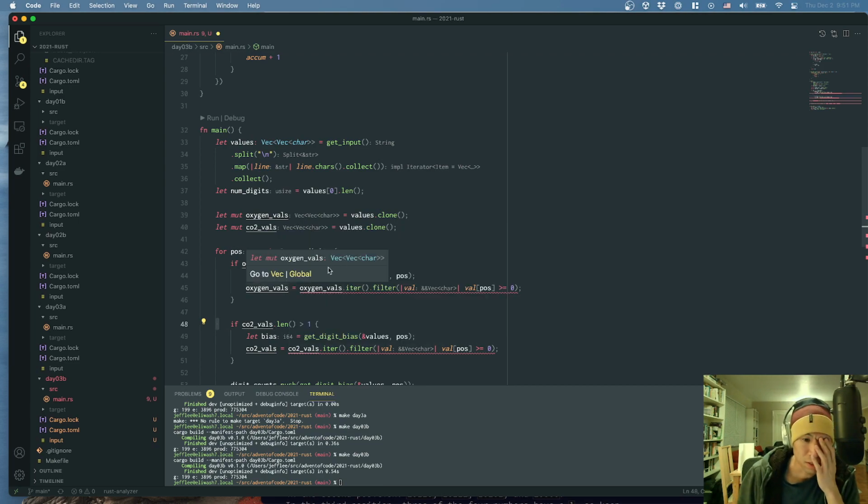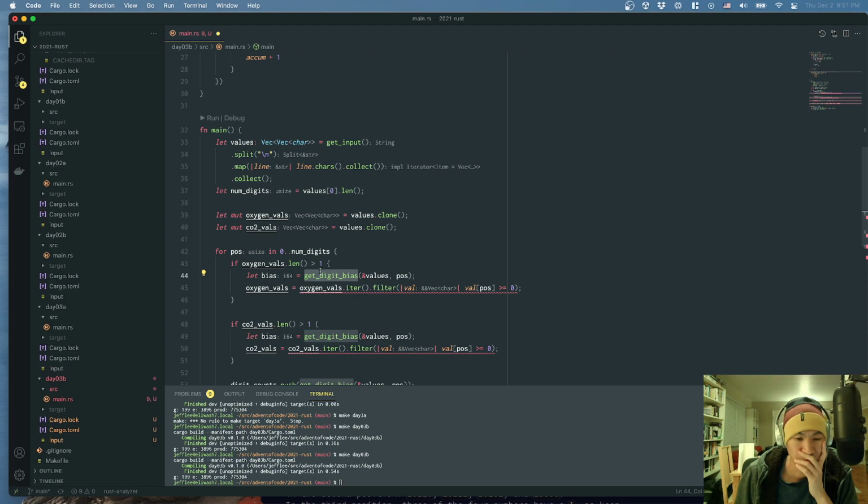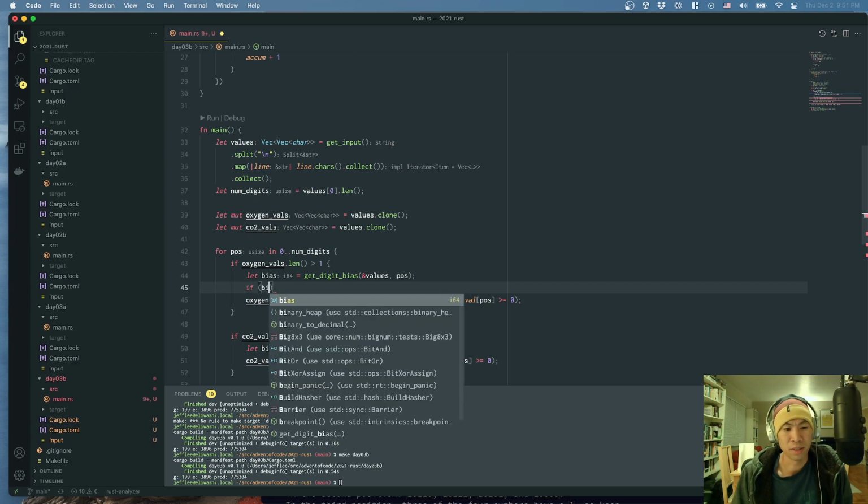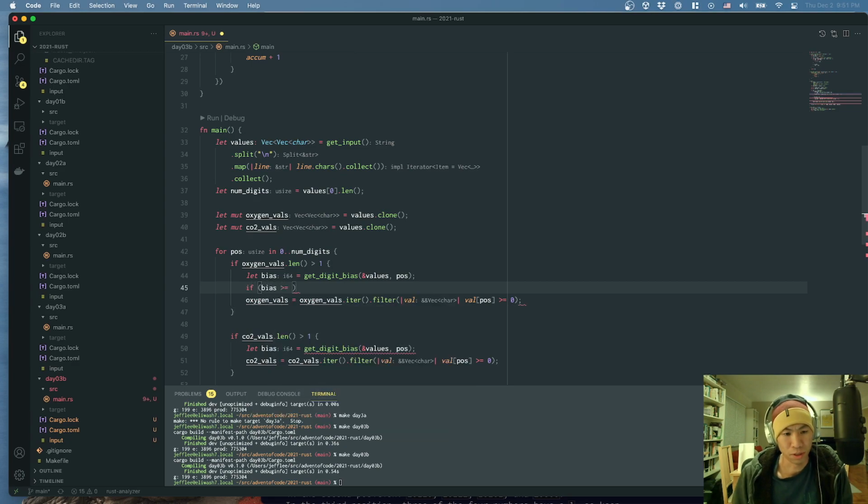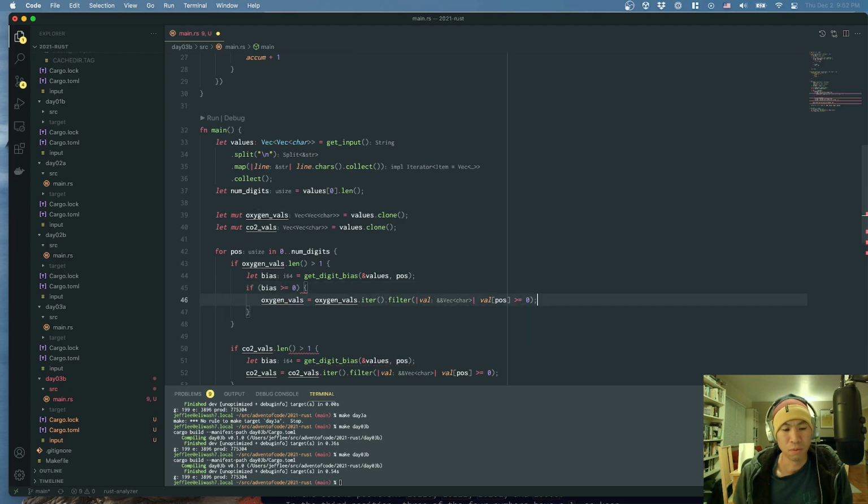Okay, so let's think about this. The most common value here, so if the bias is greater than or equal to 0, then we want anything that is equal to 1, right? The bias is saying that the most common value is 1, which means we're going to keep that.